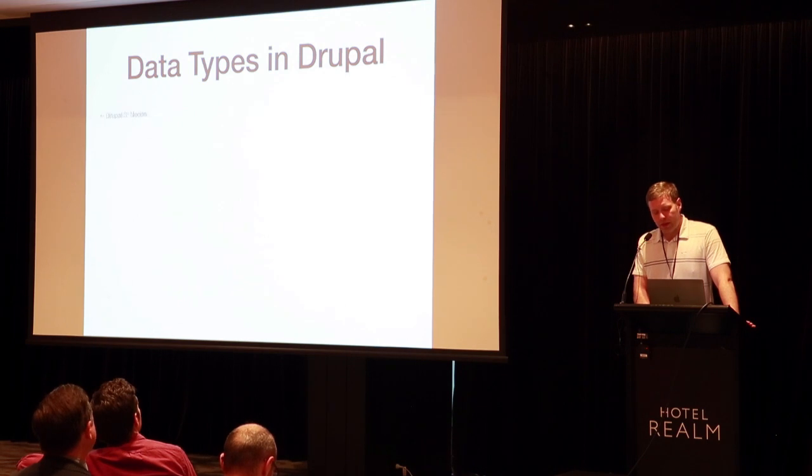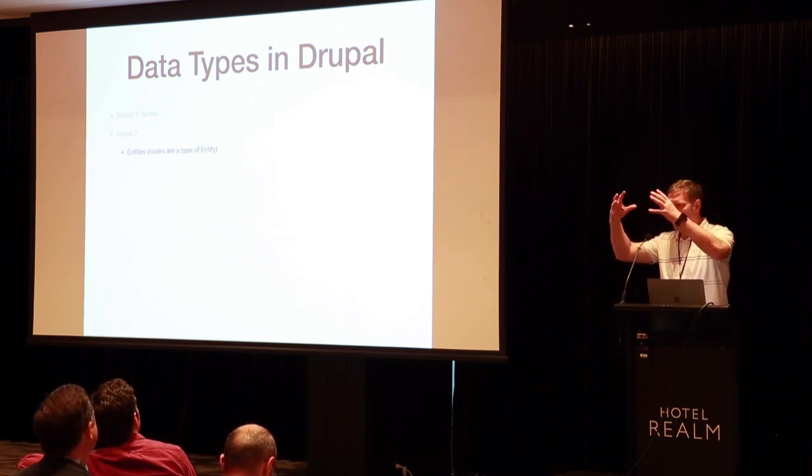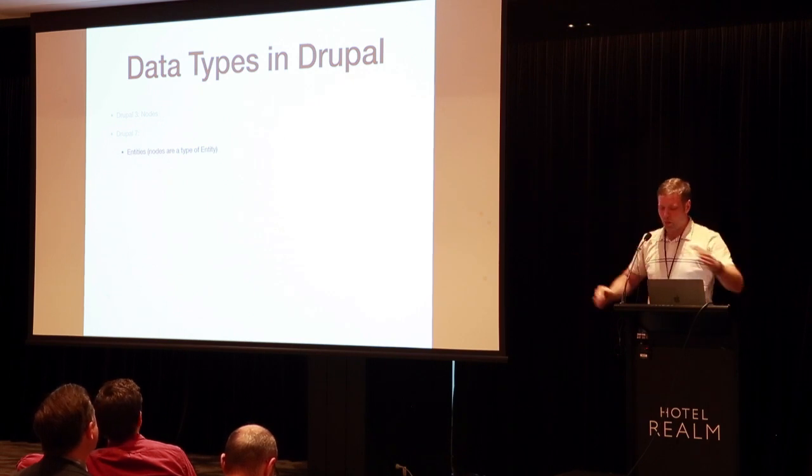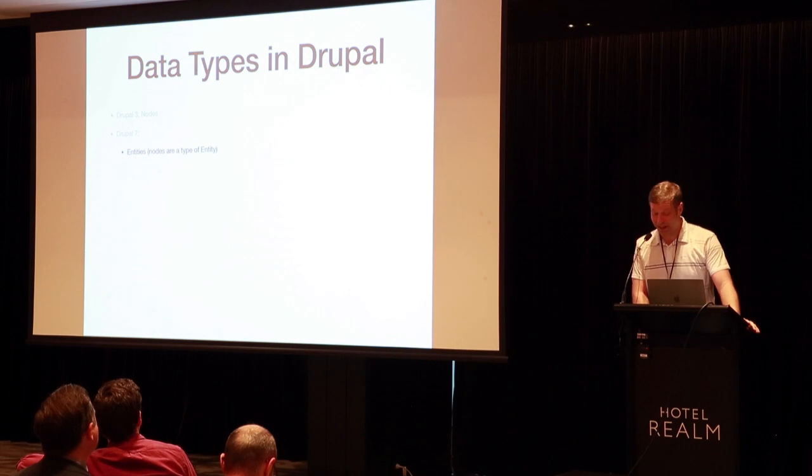So in Drupal 3, we got nodes. In Drupal 7, we got entities, and nodes were a type of entity. They took the node API and extended it, so now you could have different types of entities that worked like nodes, but node was just a generic entity type.